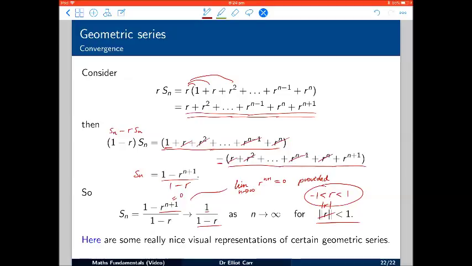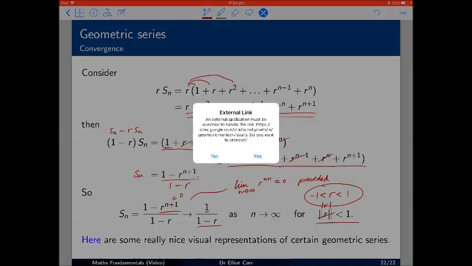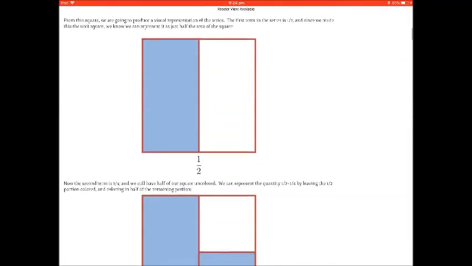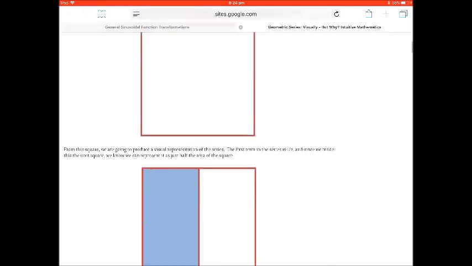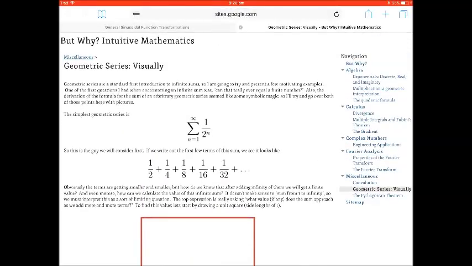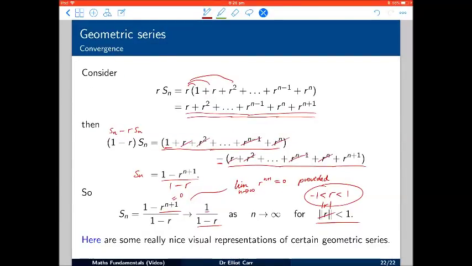And that's because of this formula. So with r equals a half in this formula, I get 1 over 1 minus a half, which is 1 over 1/2, which is 2.